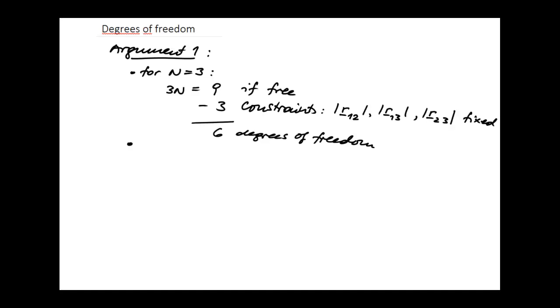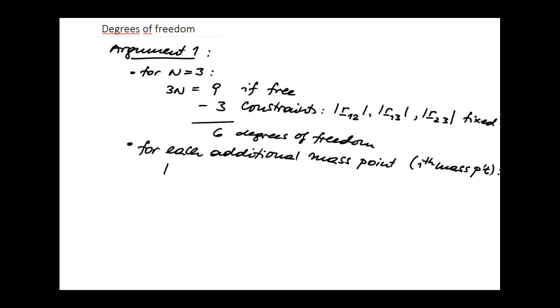Now you can sort of build your rigid body iteratively. You can start with the first 3 mass points, and then you add the 4th mass point, you add the 5th, and so on, until you arrive at the total number n of mass points. So let's see what happens with the degrees of freedom when you add an additional mass point to the 3 initial mass points. We can iterate that procedure. So let's say we have i minus 1 mass points, and now we add the ith mass point.